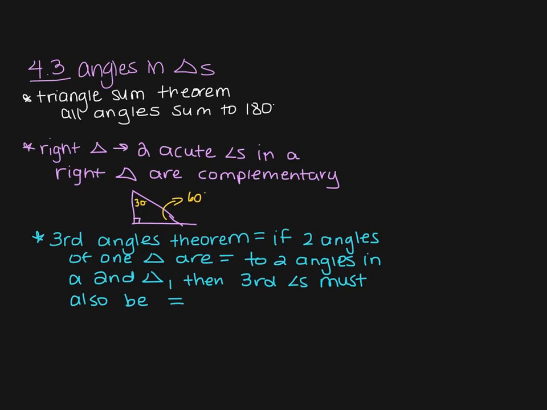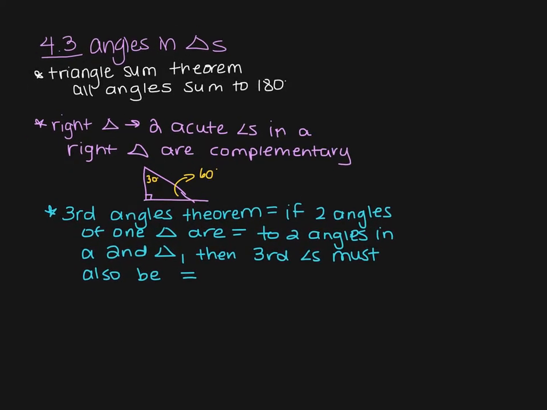So if I had two triangles and I knew that these were congruent, and then I knew that this angle was 30 degrees, then I can assume that this angle is 30 degrees by that third angles theorem.